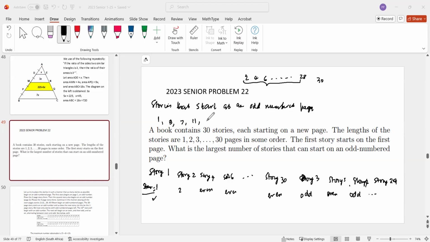It goes even, odd, even, odd. 15, 19, 23, 27. Right. So all these will be odd, and the rest will be even.